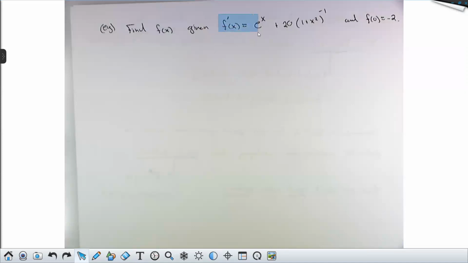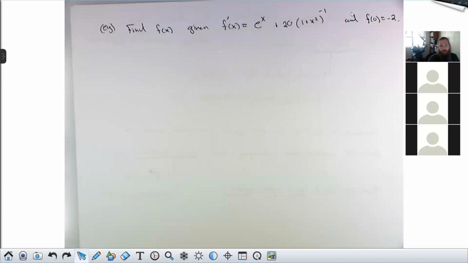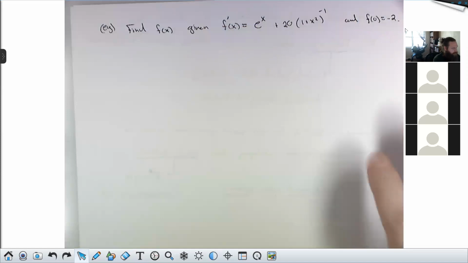That means I need to undo this derivative. I need to take an antiderivative. So I need to start by finding an antiderivative for this function. That antiderivative will involve a plus c. Then, in order to find a particular antiderivative, I will plug in these initial conditions and solve for c.